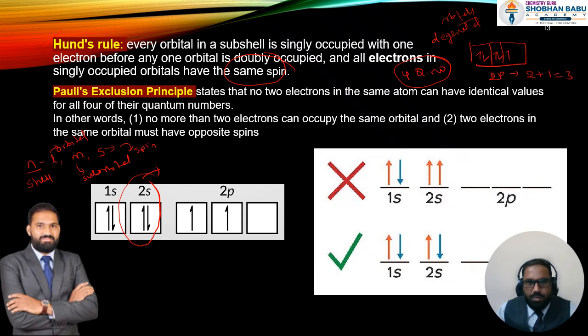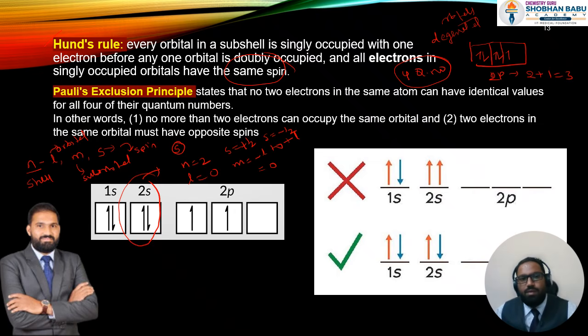Both electrons have n equal to 2 and L equal to 0. The m value, from minus L to plus L, is also 0 for both. But when it comes to the last one, the s value, one electron has the plus value and the other has the minus value.